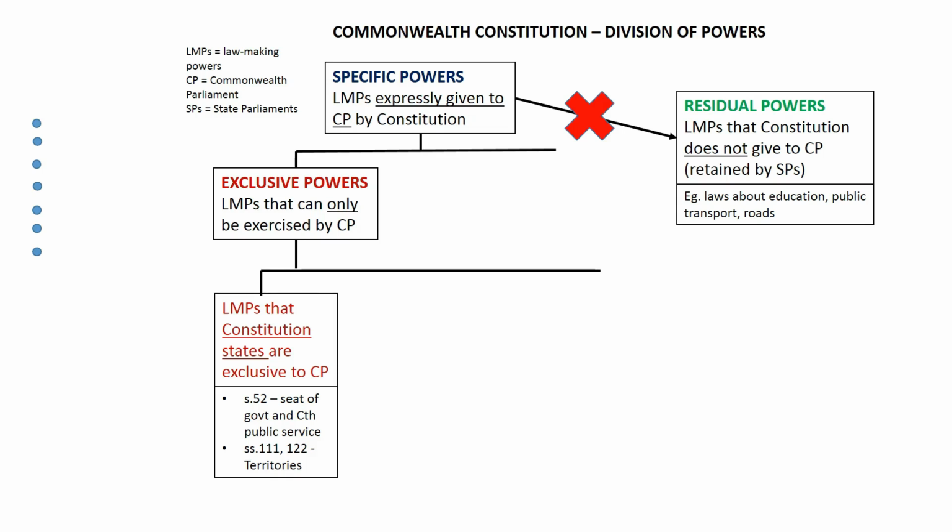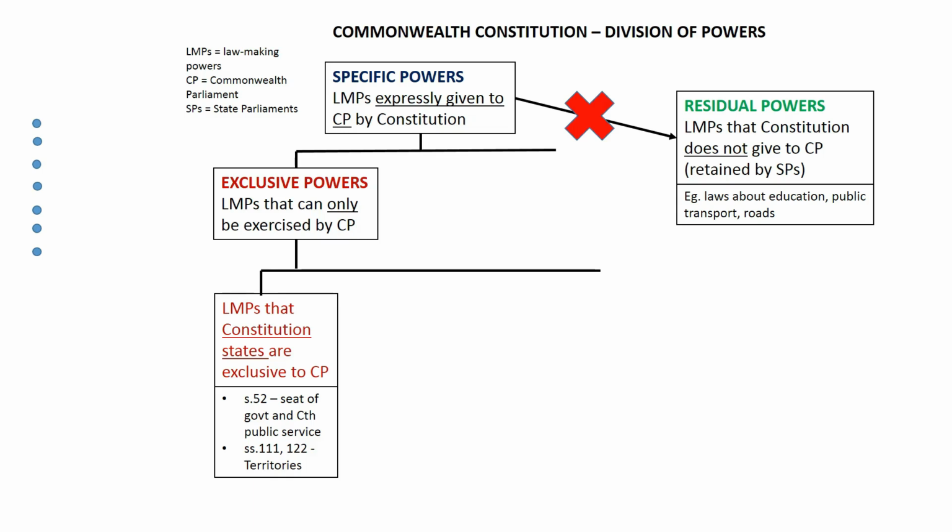Another example of these kinds of powers is found in sections 111 and 122. Section 111 is a part of the Constitution which allows the Parliament of a state to surrender any part of that state to the Commonwealth. And this has happened before.